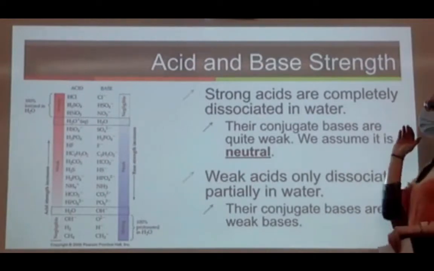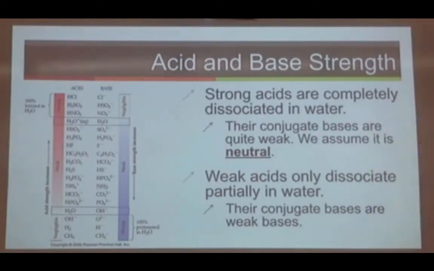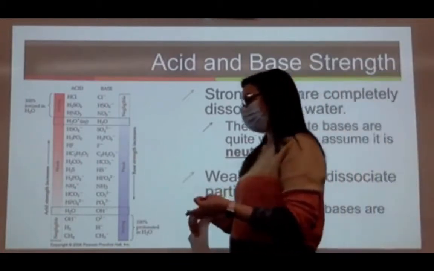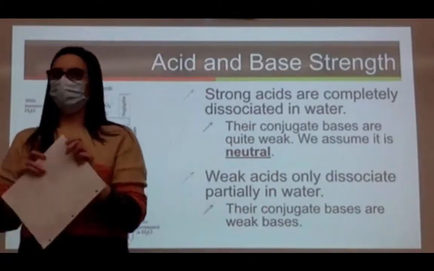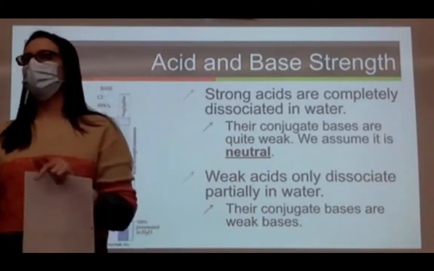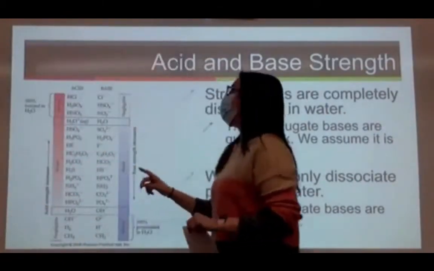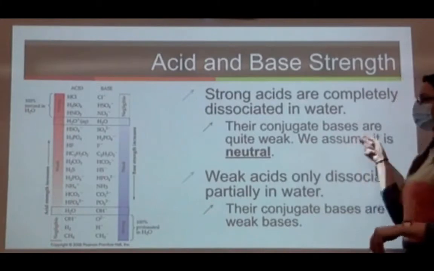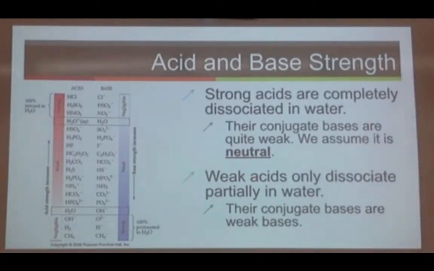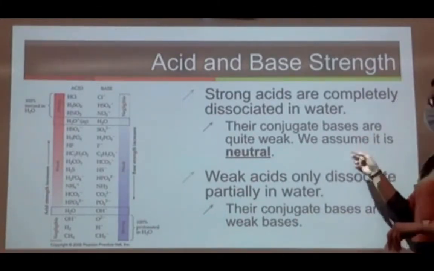Something to keep in mind, strong acids are completely dissociated in water. HCl, HBr, HI, HNO3, H2SO4, HClO3, and HClO4. Those are your strong acids. They completely ionize, they break apart completely in water. Their conjugate bases, their pair, their opposite, is neutral.